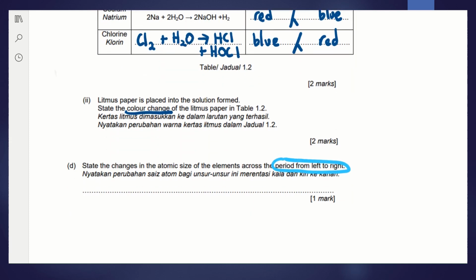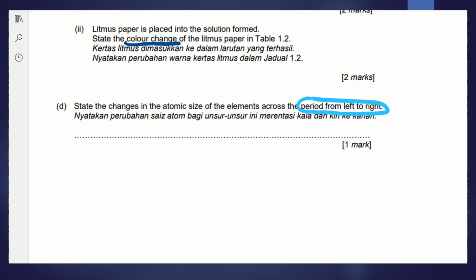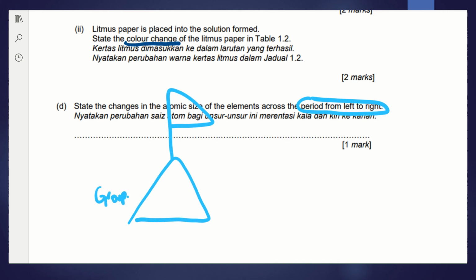For changes in atomic size, you can remember it this way: naik atas bukit, kibar bendera. The triangle below refers to the group. Going down the group, the number of shells increases, so the atomic size increases.